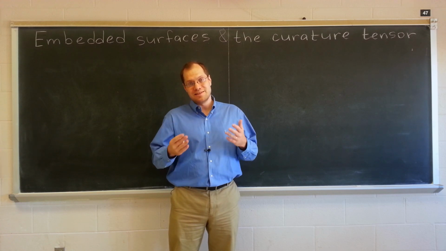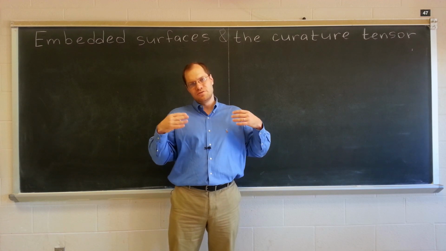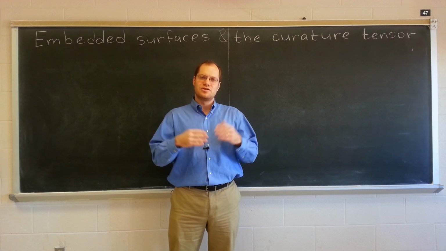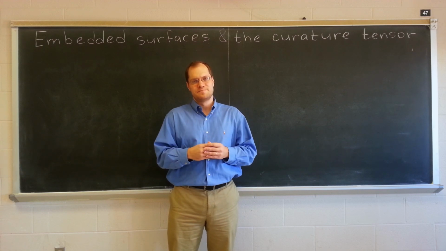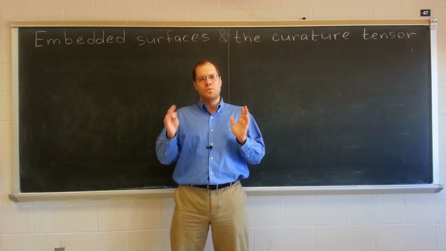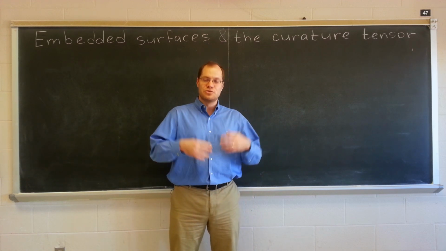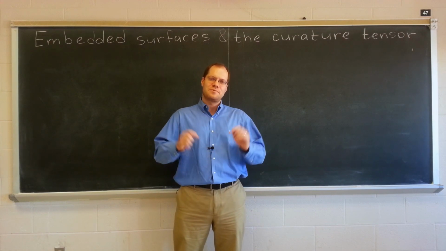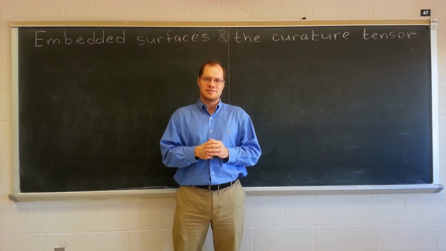And we'll realize that that pattern will actually break, and we'll have to introduce a new idea, because embedded surfaces are not like Euclidean spaces, because they're curved. So we will see that one of the ideas of Euclidean spaces will not apply to curved surfaces, and that will be precisely the moment when the curvature tensor arises.